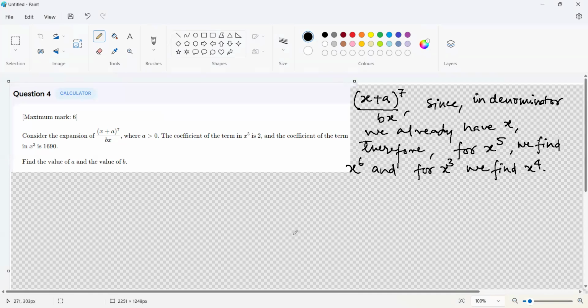So term having x raised to the power 6 would be 7c6 x raised to the power 6 a raised to the power 7 minus 6, which is 1. What is 7c6? 7c6 would be 7.